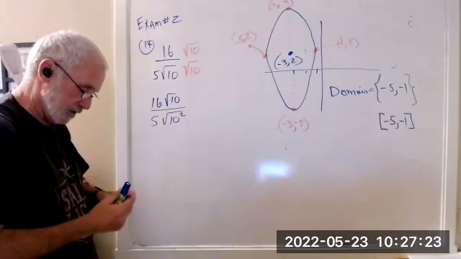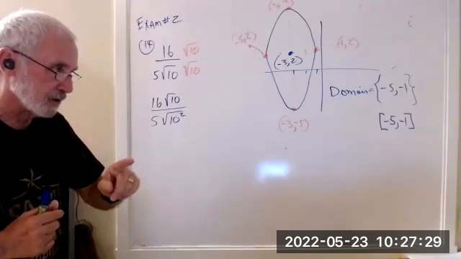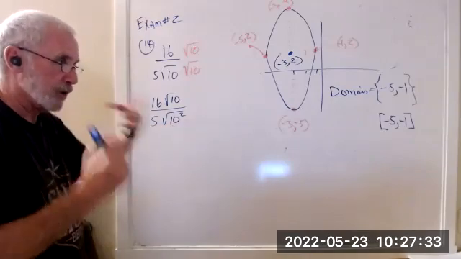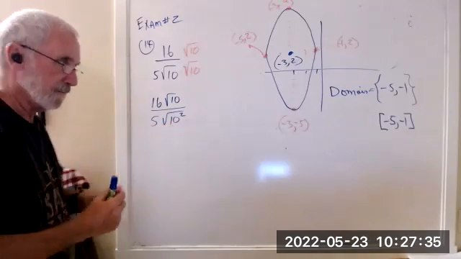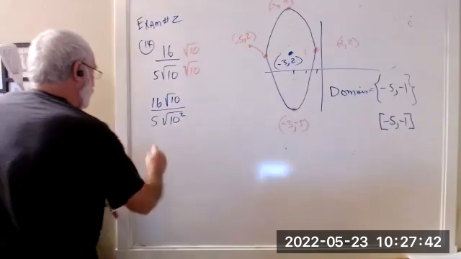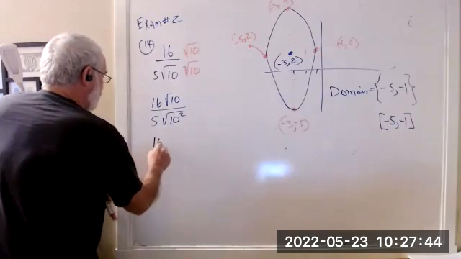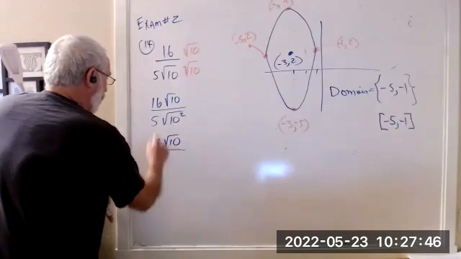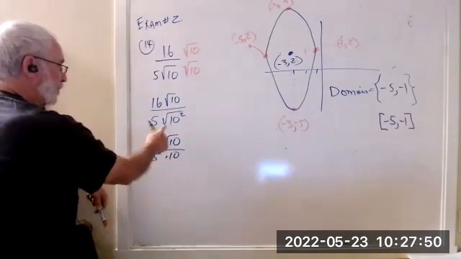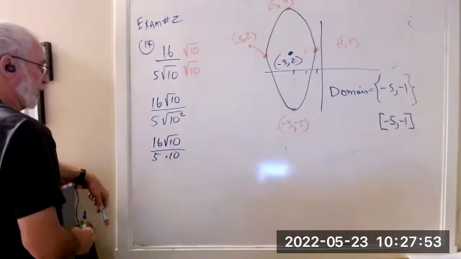What happens there? Cancel. What cancels? The radical and the square power cancel. What are you left with? 5 times 10. Right. So 16 radical 10 over the original 5 times normal 10. That junk there canceled out.